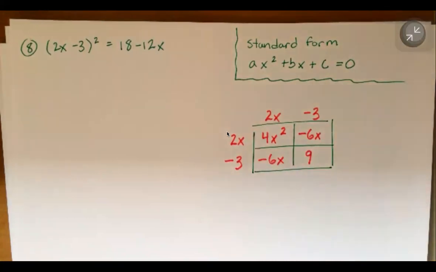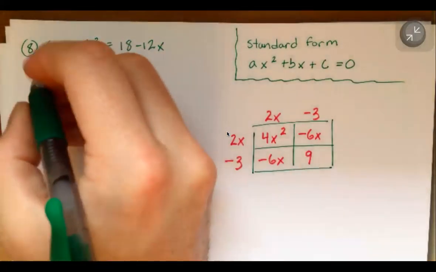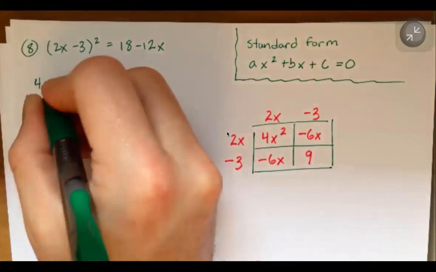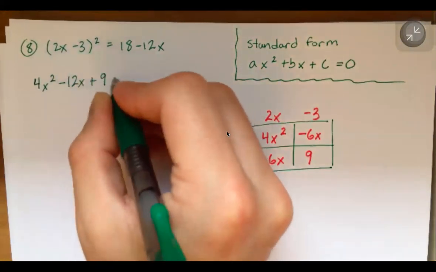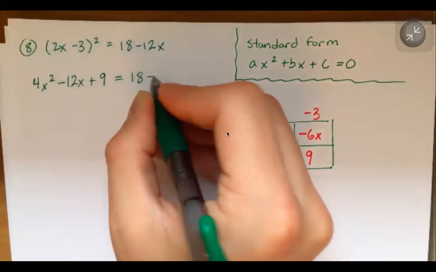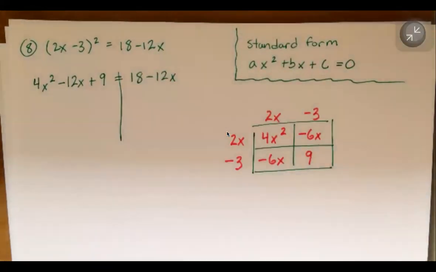So, combining like terms here, we're going to get negative 12x. I'm going to go ahead and rewrite this. 4x squared minus 12x plus 9 equals 18 minus 12x. Right. Now, we're getting closer.